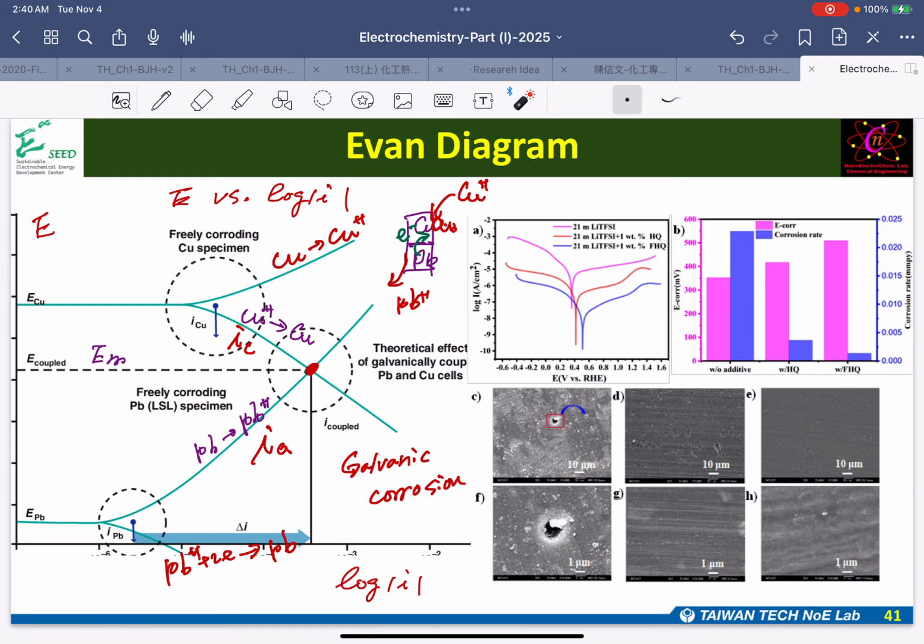So we cannot call this the equilibrium potential. We call this a mixed potential, or couple potential.